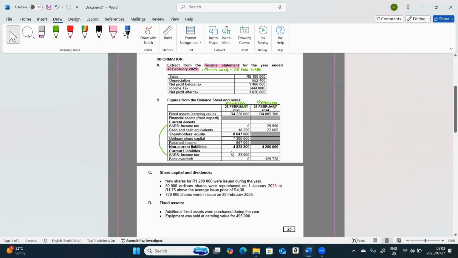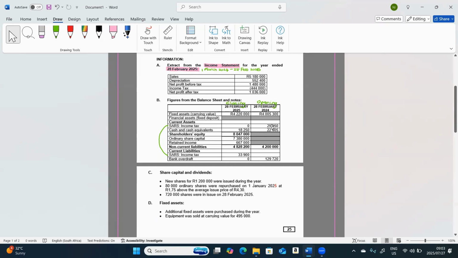And then our closing balance of SARS income tax of 33,900 for the current year is a liability. It's a payable. Okay. So these two, the opening and the closing, are a receivable opening and a payable closing. Okay, very, very important to note that, and that's the reason why we have 2 SARS income taxes.